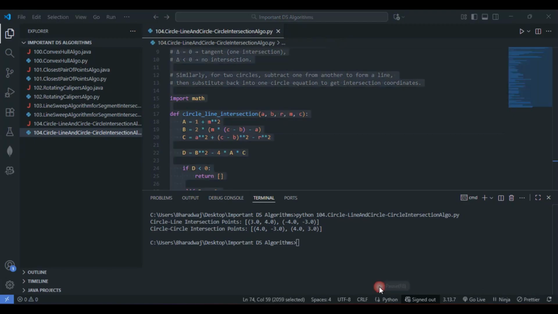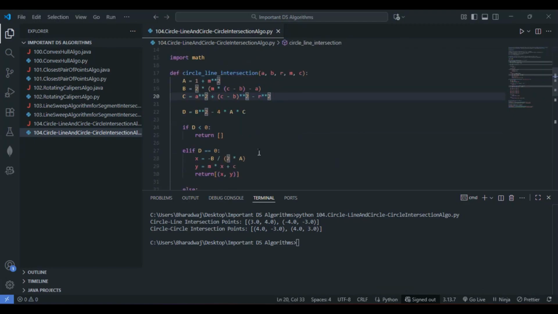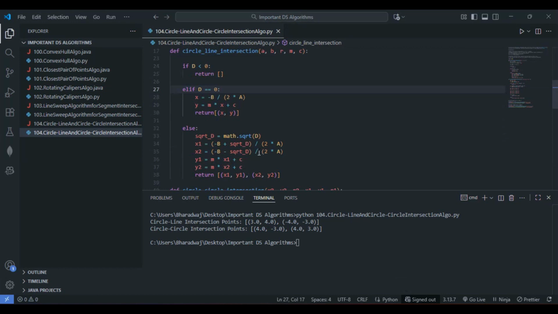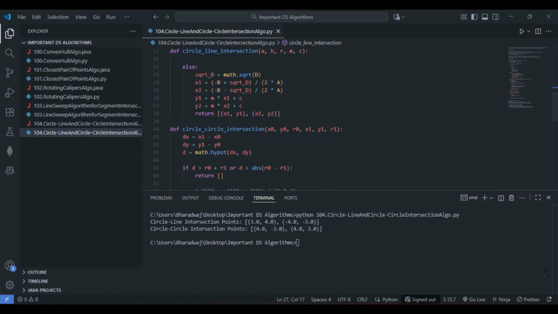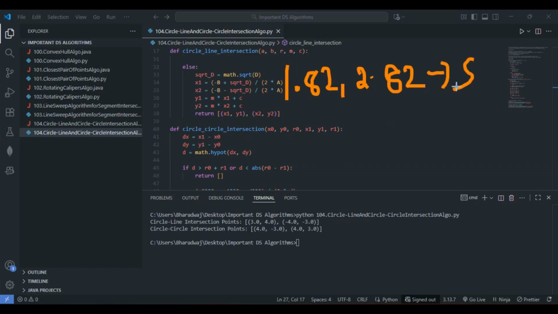One second. So actually what we have done here: the output that I explained before, (1.82, 2.82), comes from the smaller circle, right? So we shouldn't be considering that one.